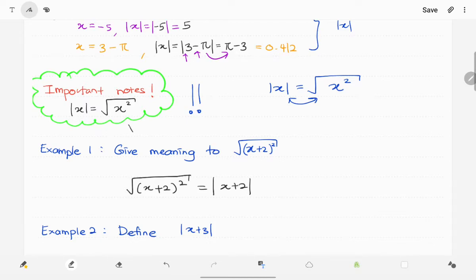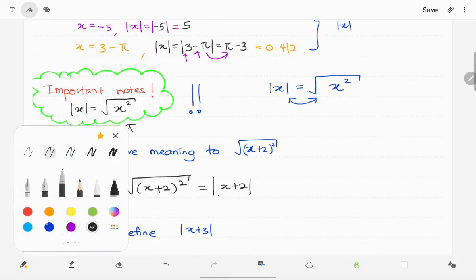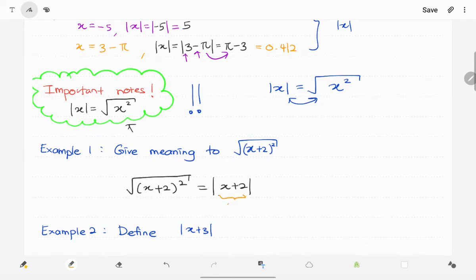Look back at this definition here. This is our x, inside the bracket here is our x. So when they say give meaning, this is what they want. Change this into absolute value.